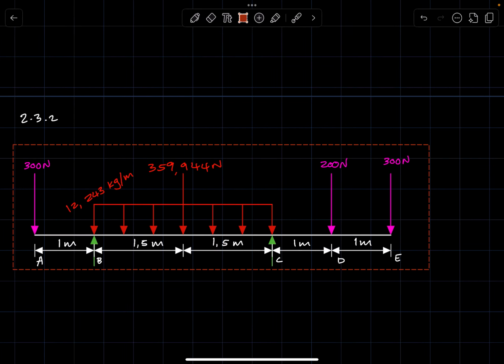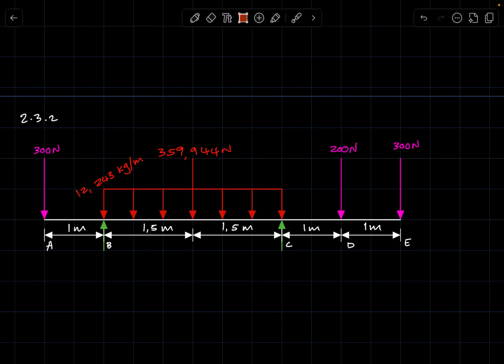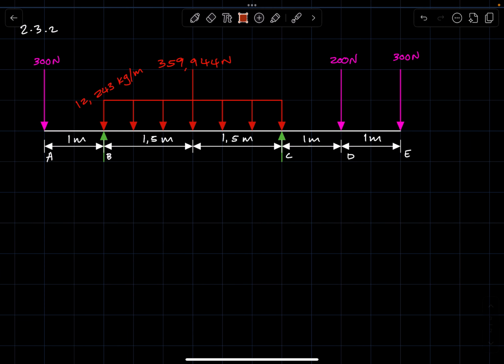In drawing the shear force diagram, what I like to do is to redraw the beam and use it as a reference in drawing your shear force diagram. So what you will do is you are going to draw lines from the critical points.